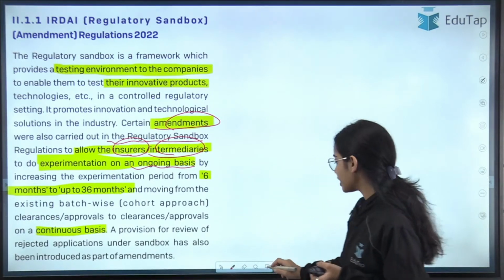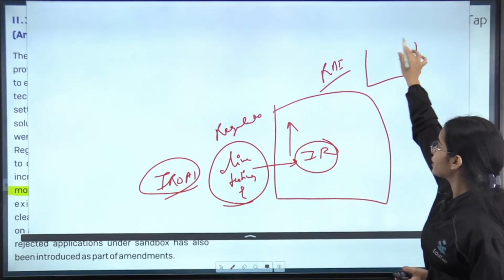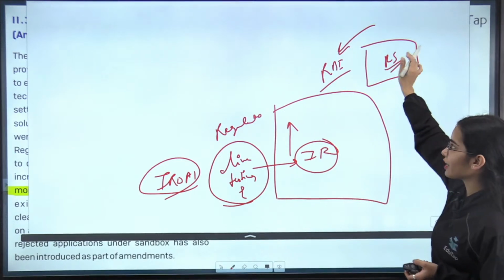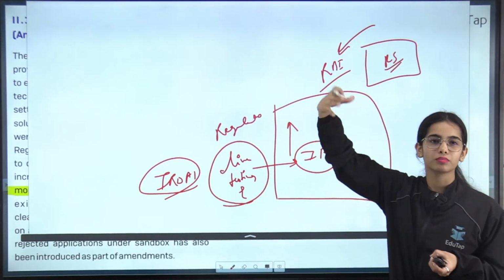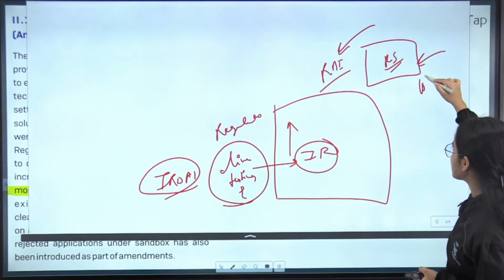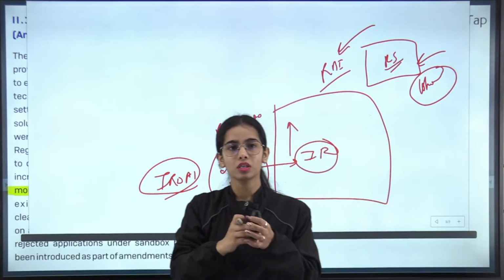Like RBI also invites applications for the regulatory sandbox for live testing of your innovative products or ideas on the cohort basis, on the theme-wise basis, and in a time-wise manner.